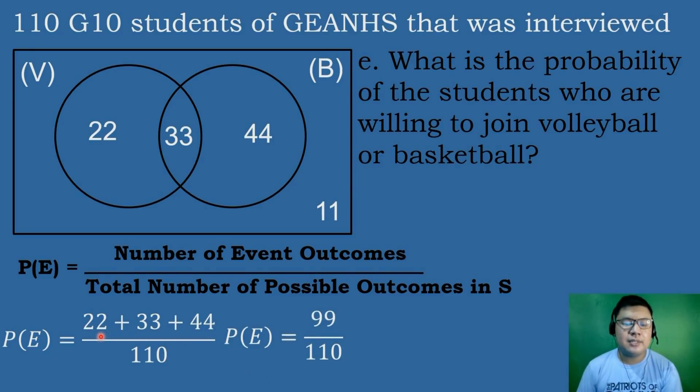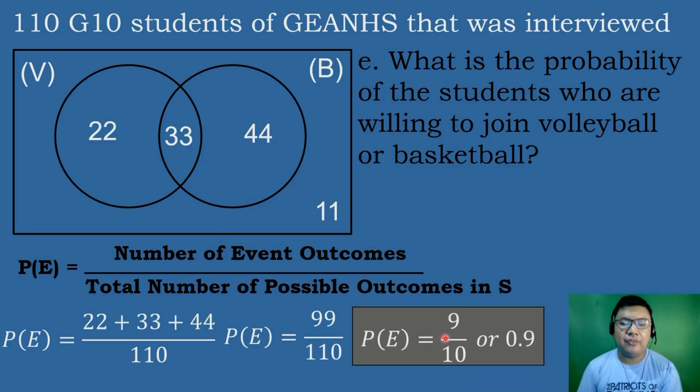And adding these numbers, 22 plus 33 plus 44 is equal to 99 over 110. So 99 over 110 is equal to 9 over 10 or 0.9. Therefore, the probability of the students who are willing to join volleyball or basketball is equal to 9 over 10.